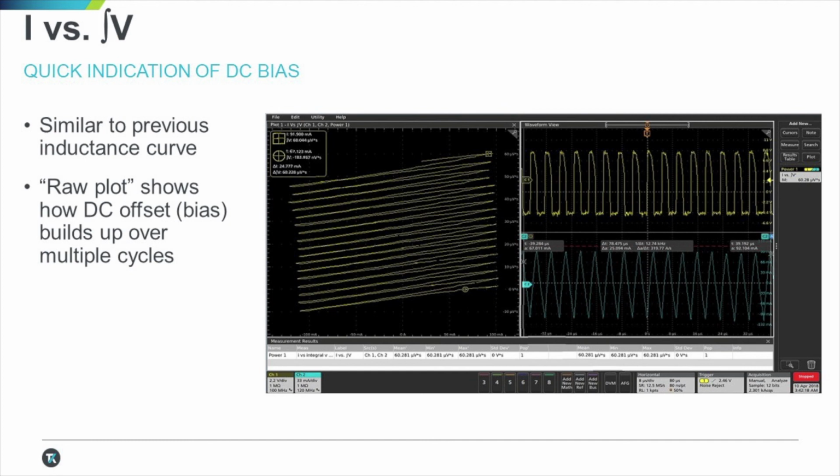It shows how much DC offset is being retained in the inductor as it switches on and off. And as you can see, in the I versus integral V measurements shown in the screenshot above, the yellow waveform in channel 1 is the voltage across the inductor, and the blue waveform in channel 2 is the current through the inductor.